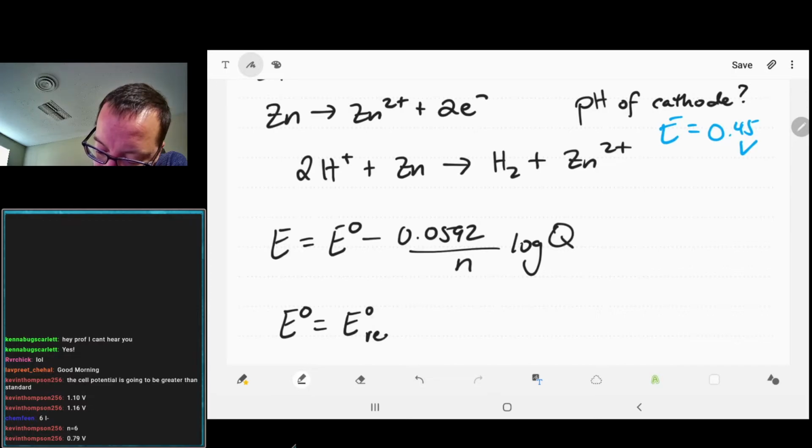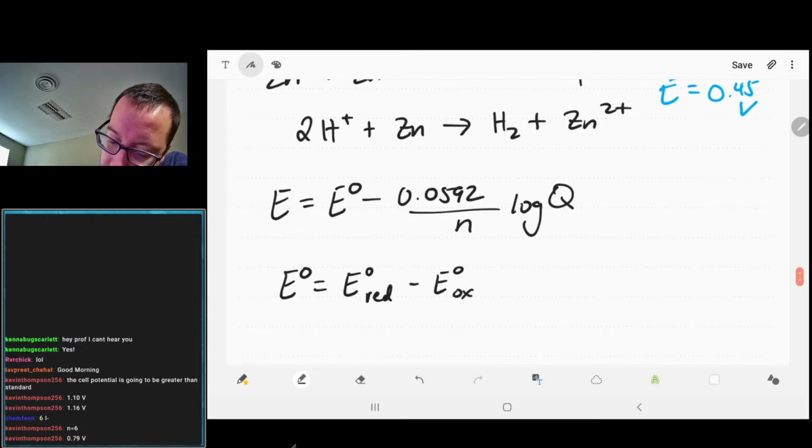We have the reduction minus the oxidation. So we know that this is 0 volts. That's hydrogen. Remember, standard hydrogen electrode should be 0. Let's find zinc on our list here. Zinc, zinc, zinc. Here it is.